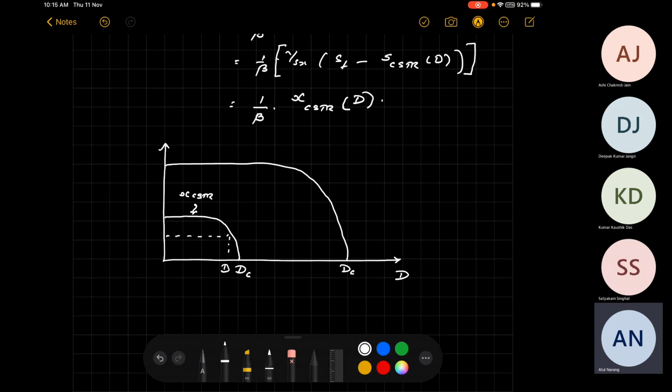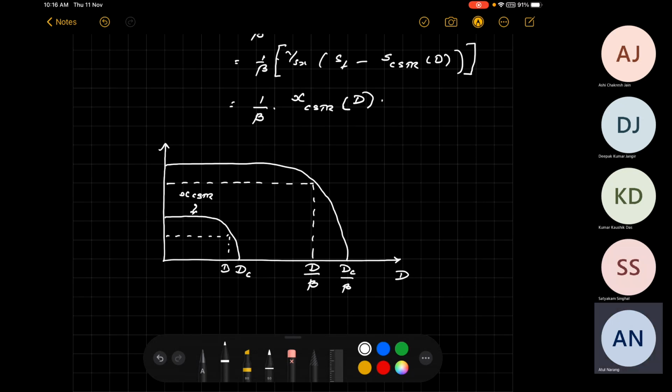So this is D_C divided by beta. So let this be D over beta.